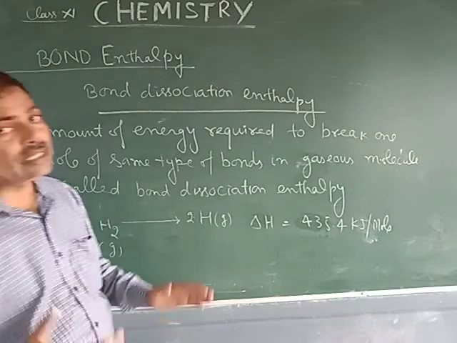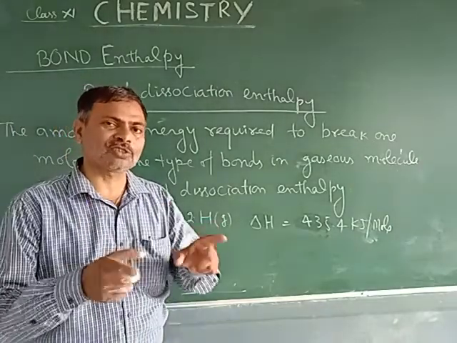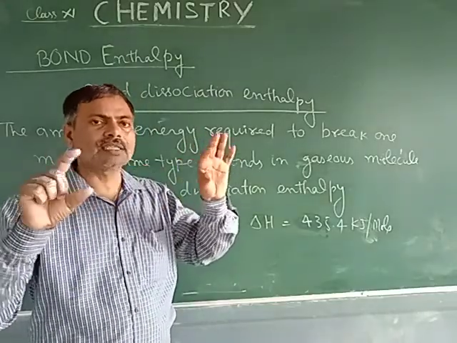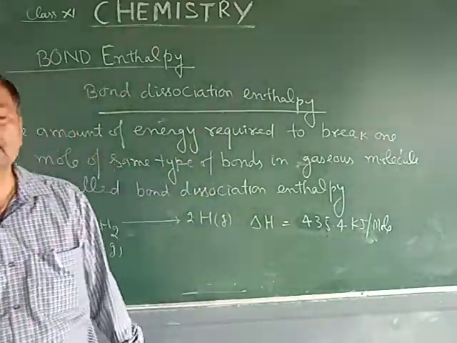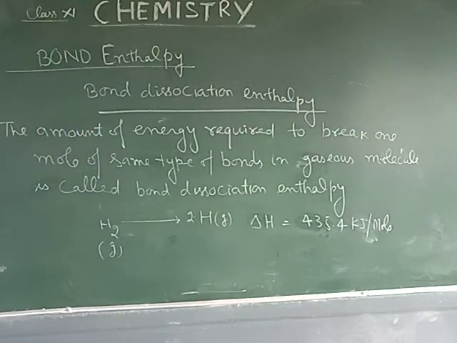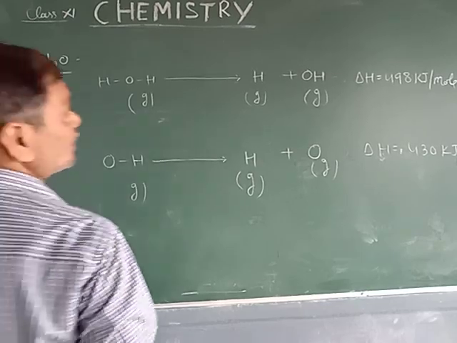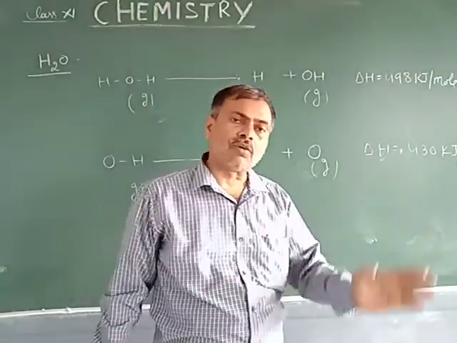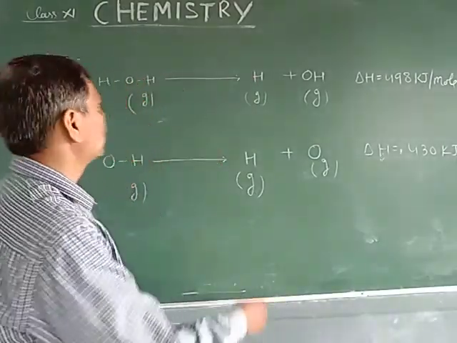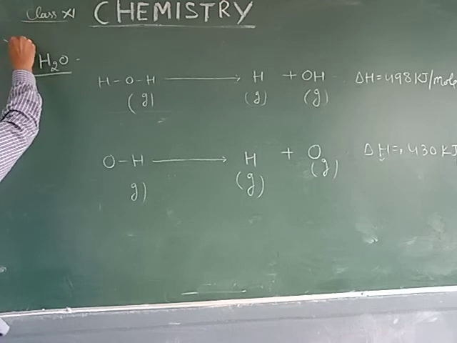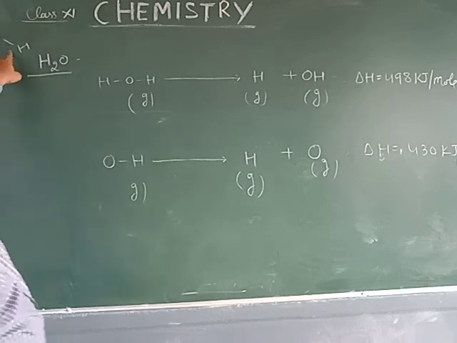In the case of polyatomic molecules, all the bond dissociation enthalpies are not equal. You can illustrate with the help of an example: in a water molecule, the structure is like this: O, H, and H. This is an oxygen-hydrogen bond, and this is an oxygen-hydrogen bond.